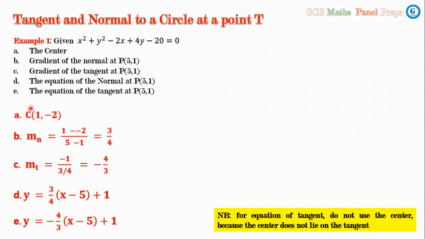Now, since we have the center of this circle, one mistake that students will make is that to find the equations of the tangent and normals, they're going to use this point. Please do not use this point because this point does not lie on the tangent. It lies on the normal, but not on the tangent, okay? So it's better to use this point. The other point that lies on the tangent goes for both cases, but this one will not go.